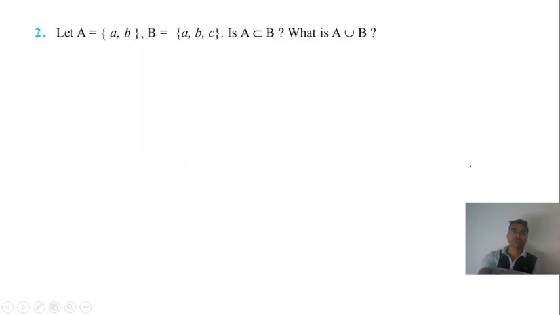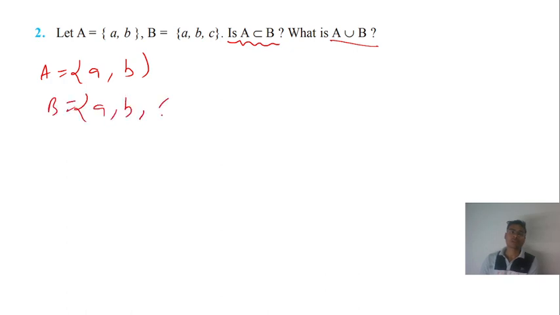Coming to our question number 2. They are saying that we will first have to justify that A is a subset of B, and then find A union B. They give us A as {a, b} and B as {a, b, c}.